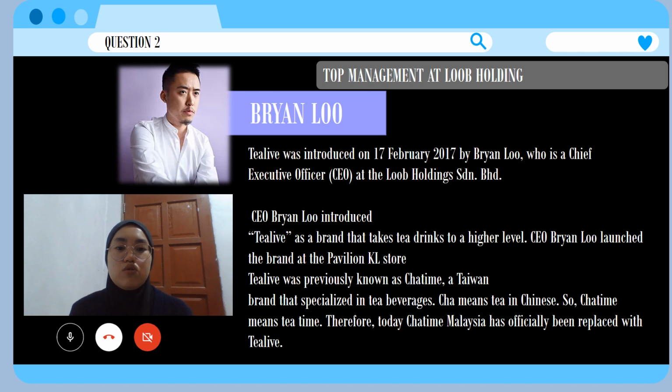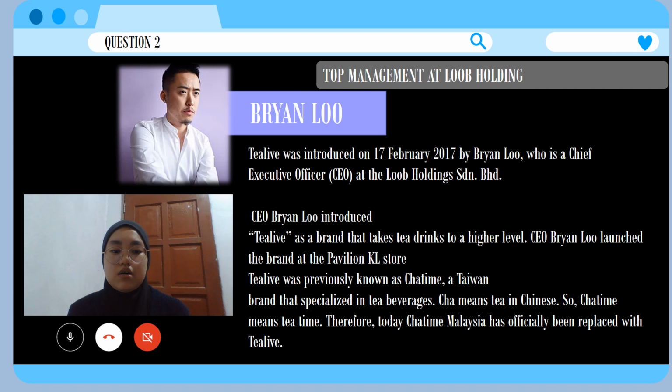So I'm going to continue with question number 2. Who is the top management at Look Holding? As we know, Brian Lee, as CEO of Look Holding, introduced Tealive on 17 February 2017 and launched his brand at the Pavilion KL store.